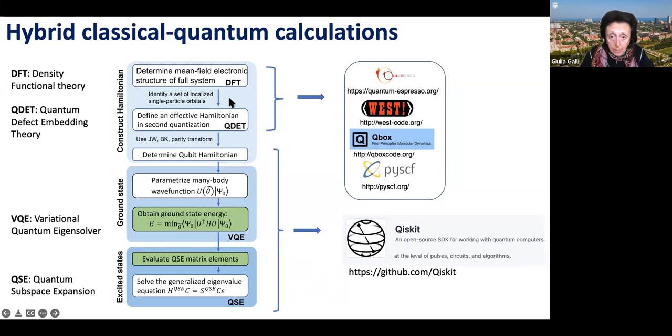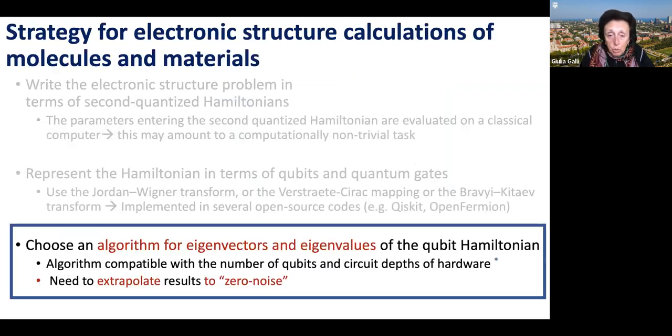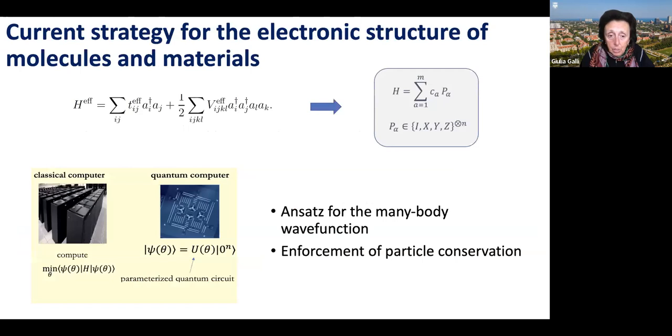There is a scaling here for the basis set that we use in DFT, of the order of n to the third or fourth, but we have a scaling which is n to the fourth, where n is the number of electrons for our quantum embedding.